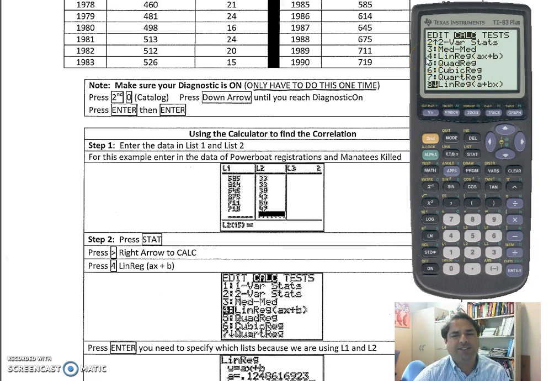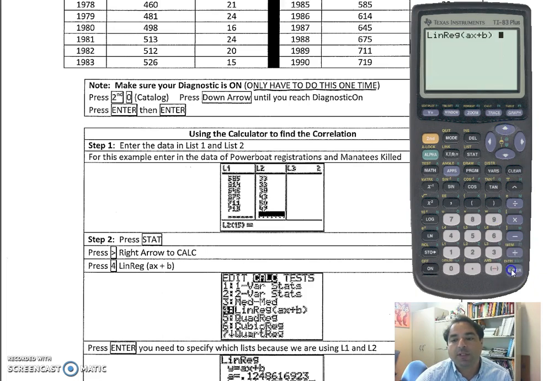Okay? And then your question is, why can't I just do correlation? Remember, correlation only works if it's linear. So we're going to do linear regression. So I'm going to do number 4, linear regression. Depending on how your calculator looks, this one I have to do second list 1, comma, second list 2. You may have the version of the calculator where it asks you list 1, list 2. Same idea.